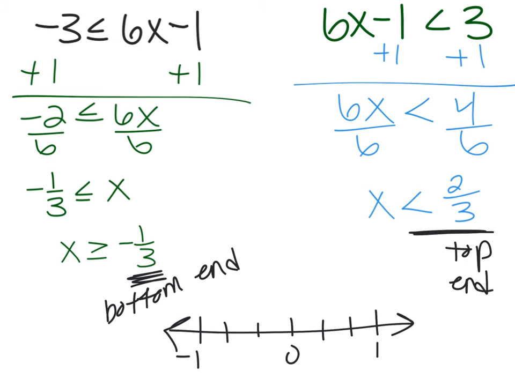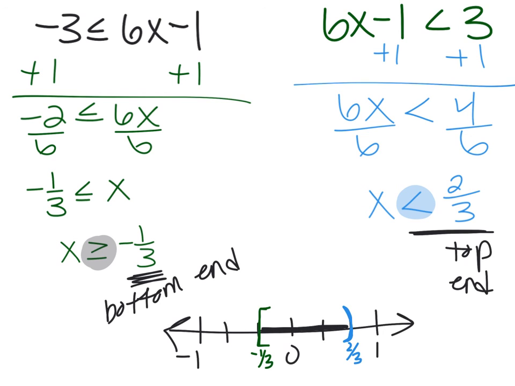So then our negative 1/3 is our bottom end. And if we look at the inequality, it could be equal to, so we're going to put a bracket at the negative 1/3. And then the 2/3 is our top end, and that inequality sign is only less than. So that's going to be a parenthesis at 2/3. And then, of course, we would fill in everything in between.